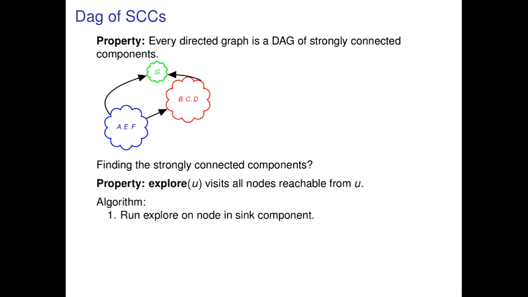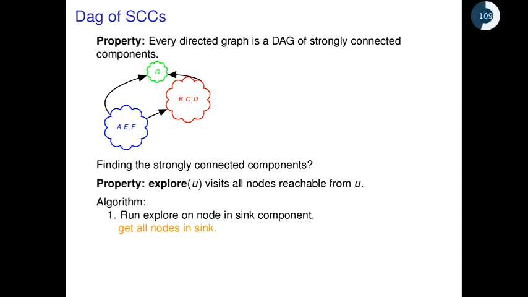Okay, so here's an algorithm. If I run Explore on the node in the sink component, what will it do? It'll explore G. It does almost nothing, but it explores G.